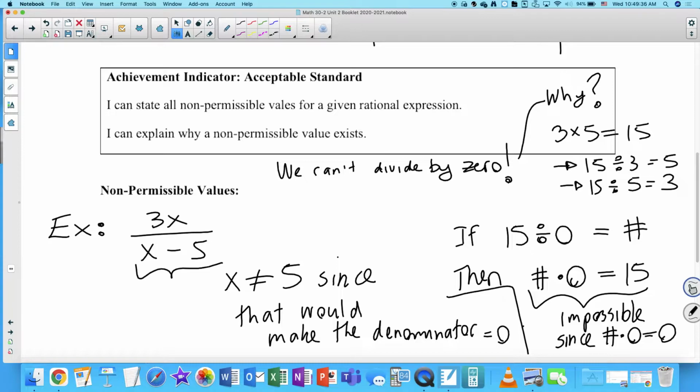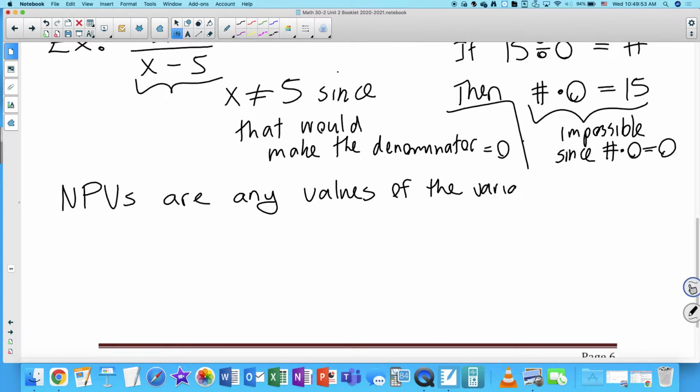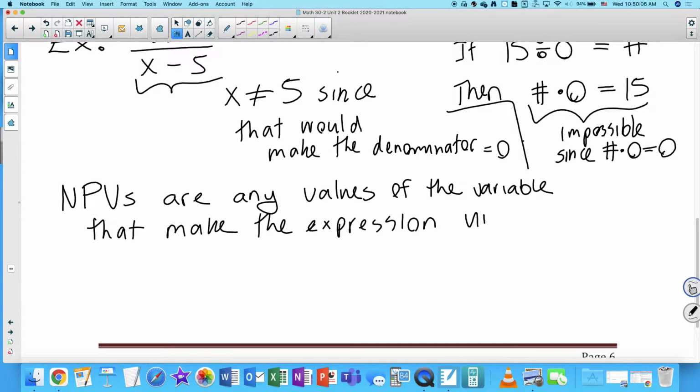So in general, a non-permissible value, or you can call it an NPV, is any value of the variable that makes the expression undefined.